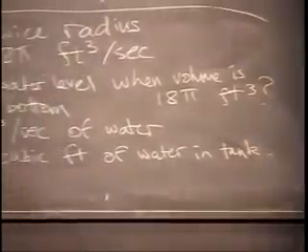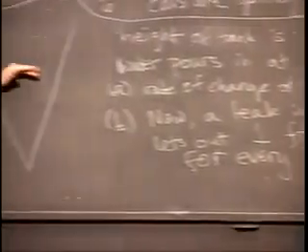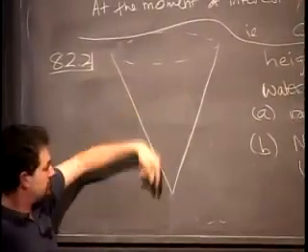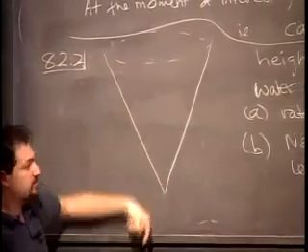Okay, so that means that, say, there are 20 cubic feet of water in the tank. Well, the leak is letting out 20 cubic feet per second.